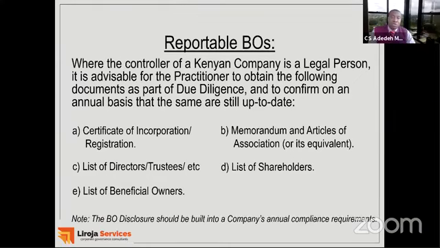Now, the BO disclosure should be built into a company's annual compliance requirements. The way you ask companies every year whether they have any indebtedness for you to include in the annual return, or the way you request for financials so that you can attend to annual compliance requirements for your companies that don't hold physical meetings.